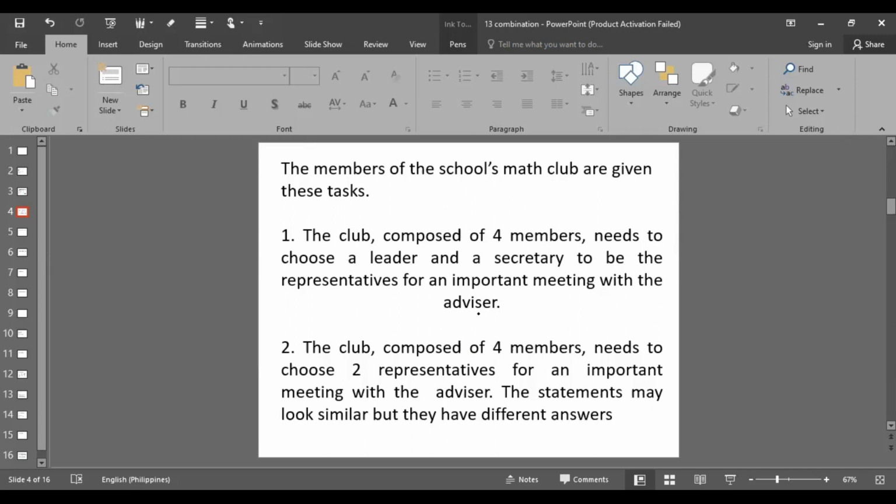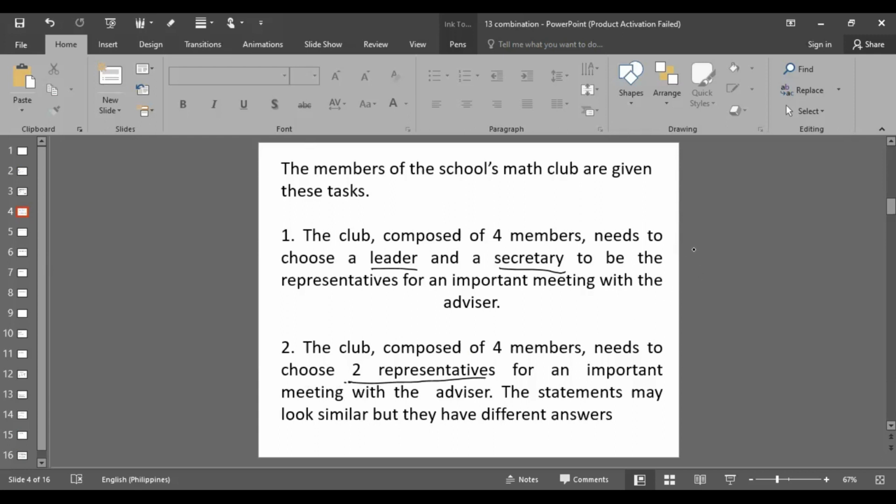So in number 1, kailangan ng order, right? Kasi we have leader and the secretary. While in number 2, we have a club composed of 4 members needs to choose 2 representatives for an important meeting with the advisor. So the statements may look similar, but they have different answers. Because in number 2, order is not important since representatives lang naman yung hinihingi.